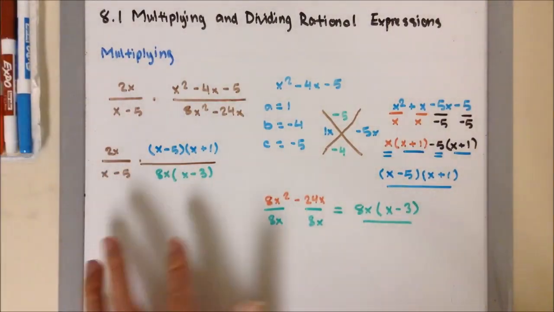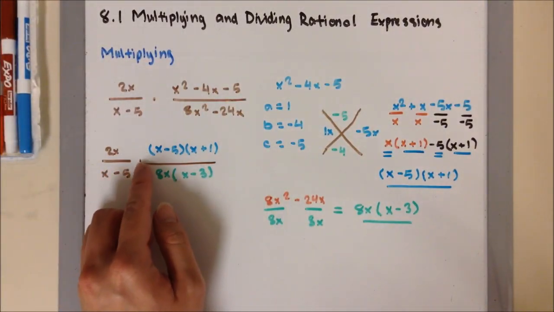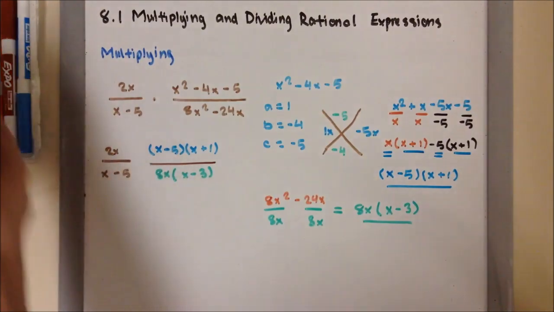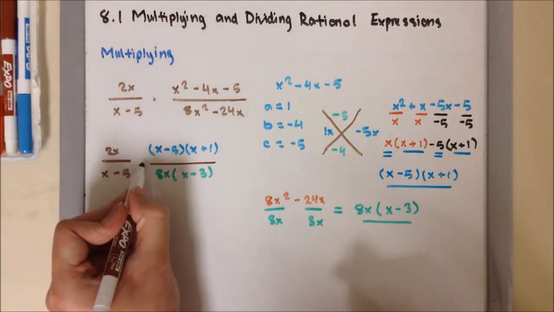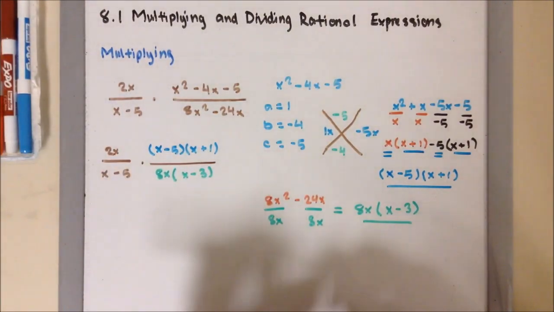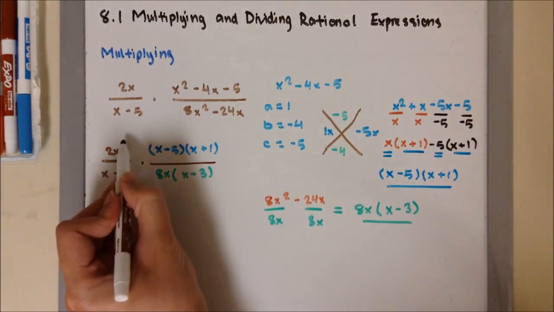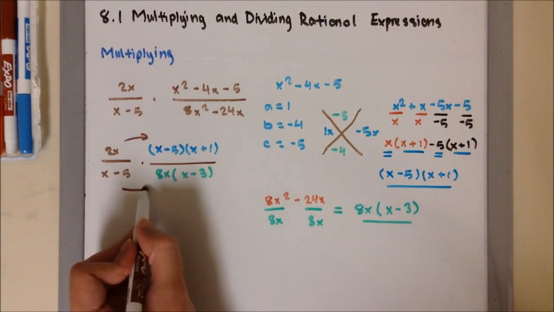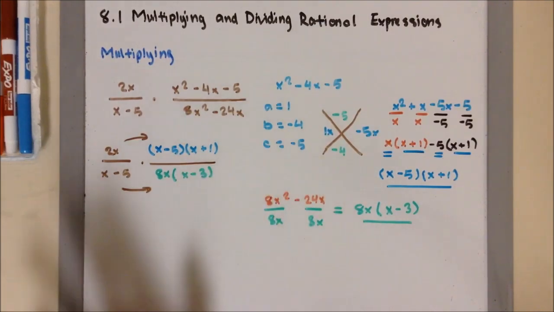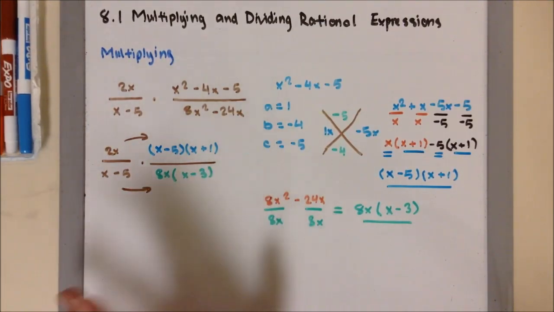Now, when we are multiplying and it's in its factored form, multiplying fractions is top with top, bottom with bottom. So when we're multiplying, we're not going to multiply all the way. We're just going to put the factors next to each other.